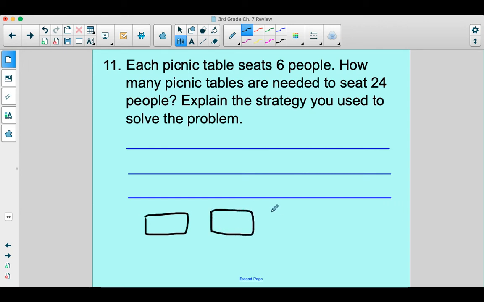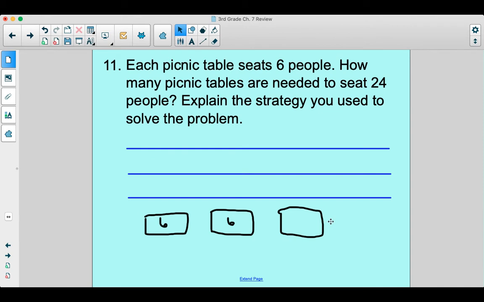So maybe you're going to draw out some picnic tables, and you're going to write 6 in each one. 6 people. That makes another 6 people, so 12 people so far. Ooh, maybe you know if I do 12 plus 12, that gives me 24. So maybe you're just like, I could just double these.